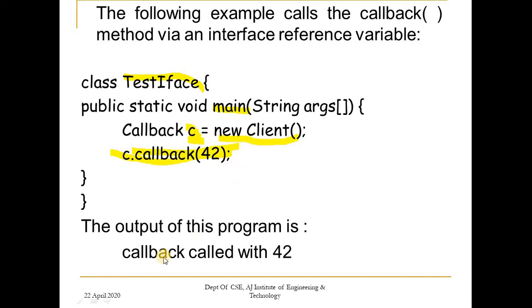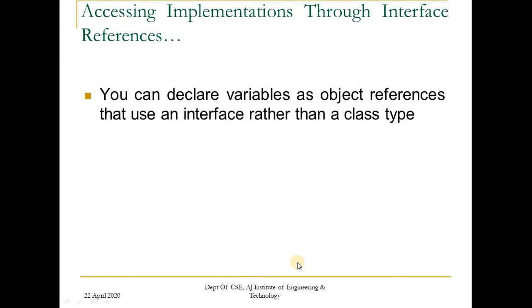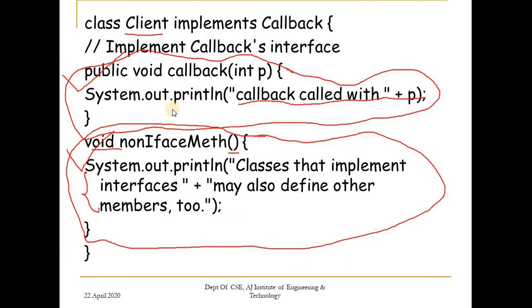So it will just display "callback called with p", where the value of p is 42. See this callback method here; it will just display this statement.